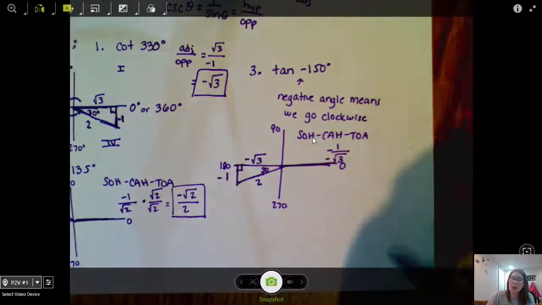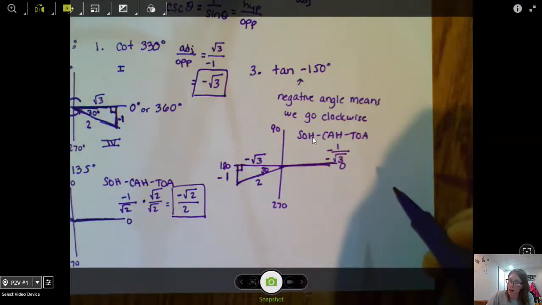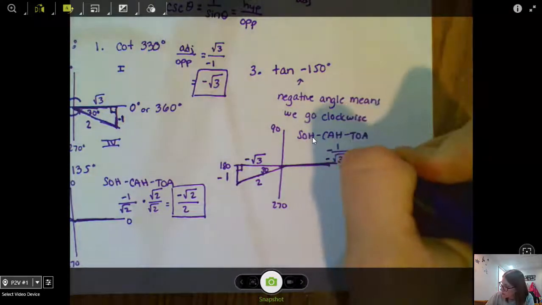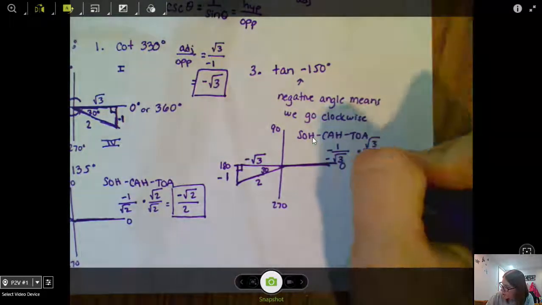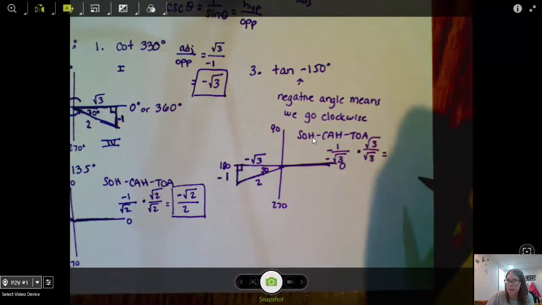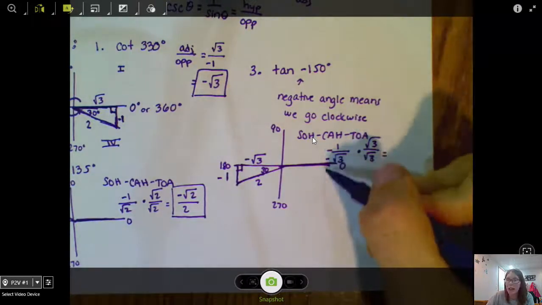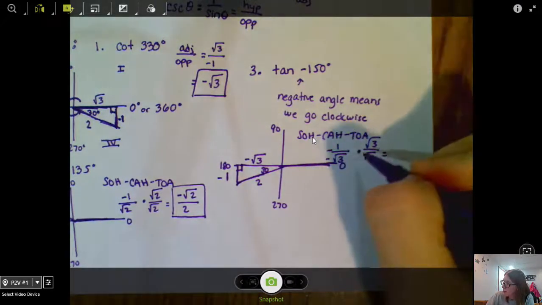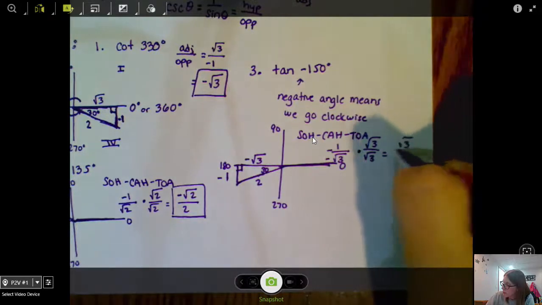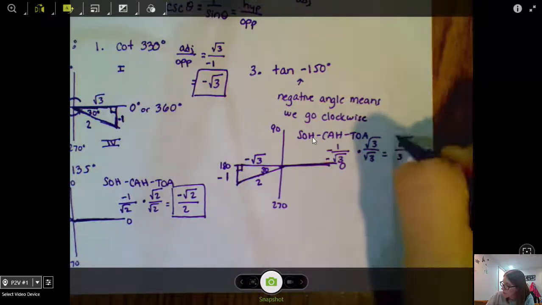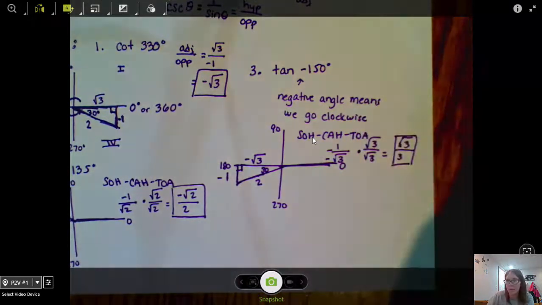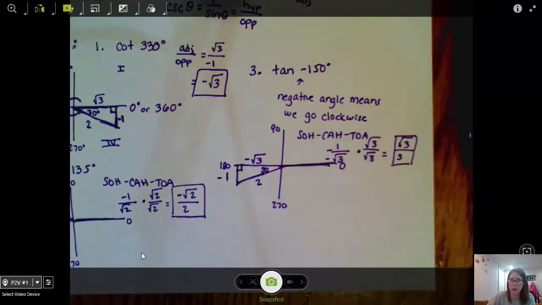Again, we have that issue where we have a radical under our denominator. Let's multiply by the square root of 3 over the square root of 3. And a couple things happen here. We have a negative over a negative, that makes it positive. We have square root of 3 on top, 3 on the bottom. Okay, and again, we'll get a lot more practice with this in class.